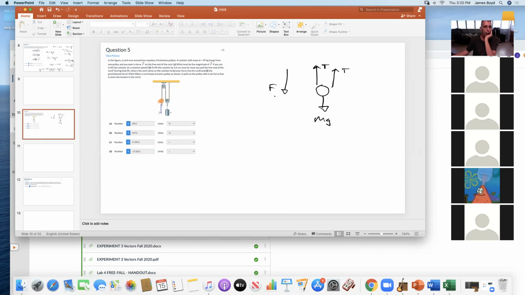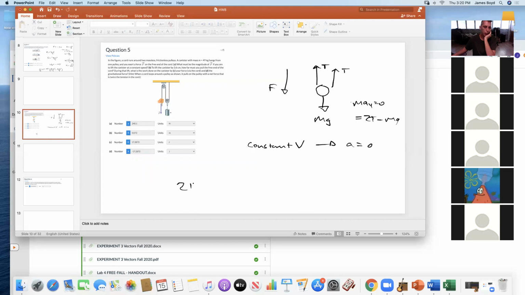So it says here that it's frictionless. And we know that if we do this, we're pulling it with constant speed. Constant V implies A is 0, and in the Y, MAY is 0, which is equal to 2T minus mg.